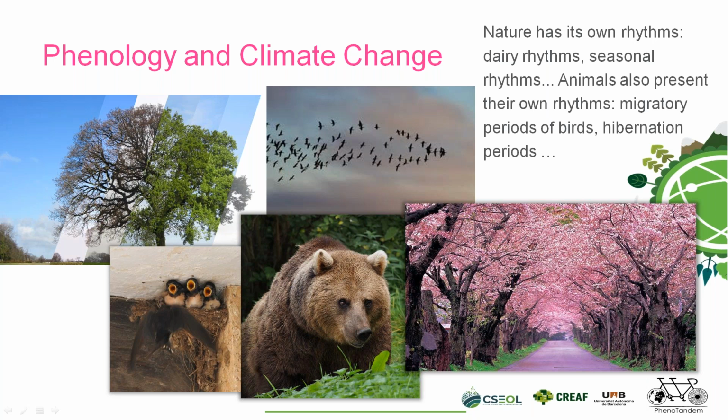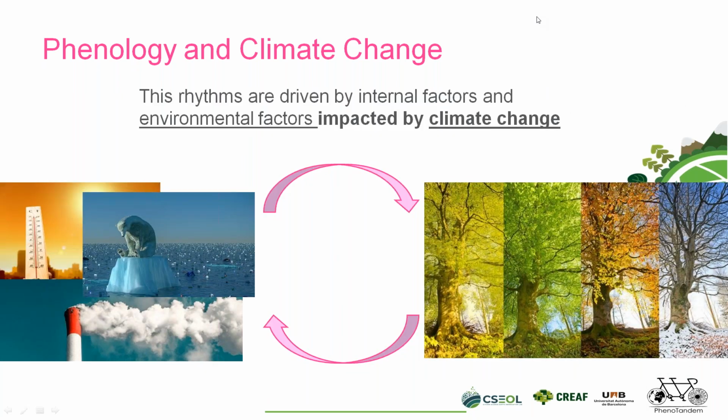Animals also have rhythms in migrations, in hibernation periods, things like that. But the important thing here is that those rhythms are driven by internal factors and environmental factors. And those environmental factors are impacted by climate change.